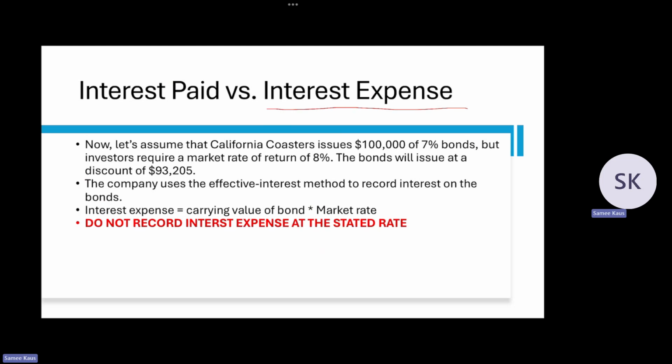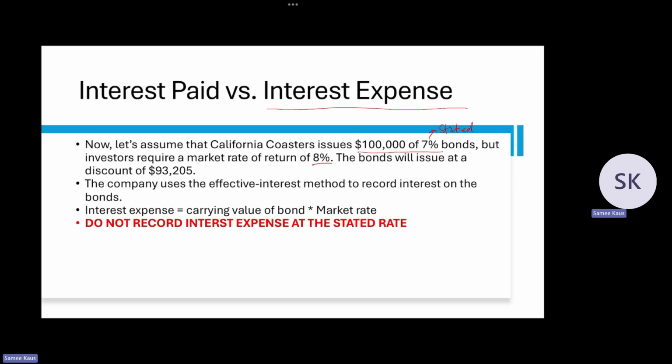So over here, we issued our $100,000 bonds that have a stated rate of 7%, but investors require a rate of return of 8%. This has still happened; this is all effectively the same.